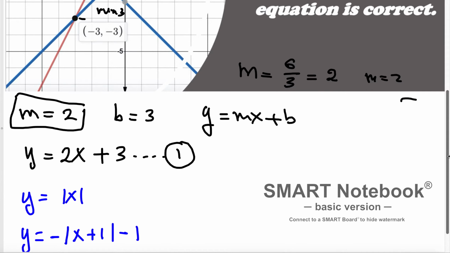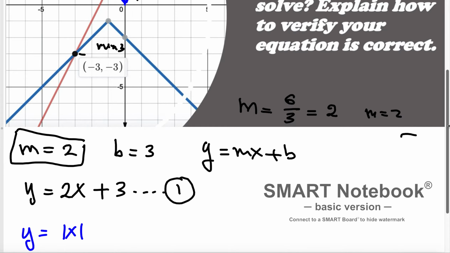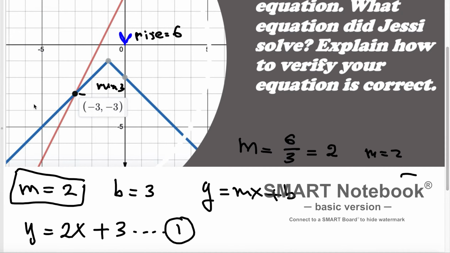But this equation here represents both lines, this line here and the other line. But what we see at the intersection is that only the left side of the absolute value function intersects the line. They are not intersecting on this side.